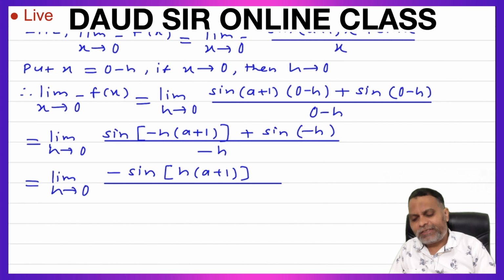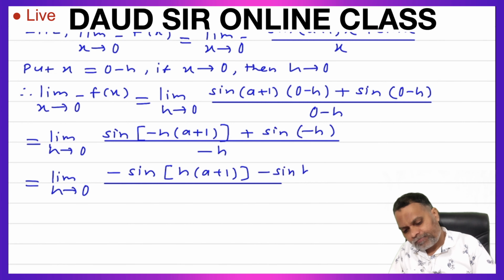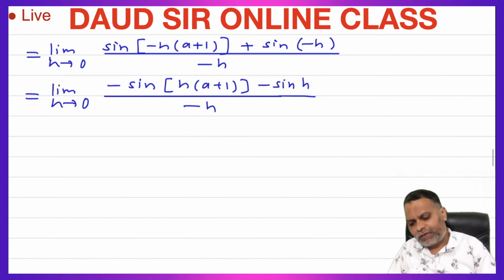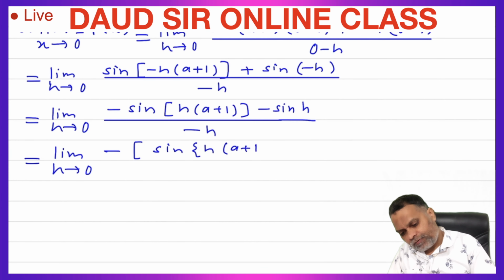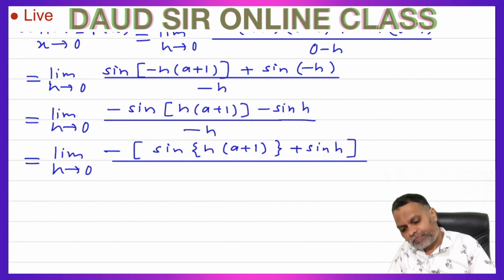Here again, sine minus h will become minus sine h upon minus h. Take out the minus sign common from the numerator. So limit h tends to 0, this minus common, sine h into (a plus 1) plus sine h upon minus h. This minus h cancelled.